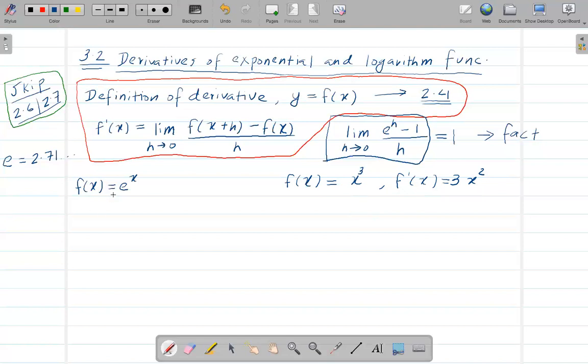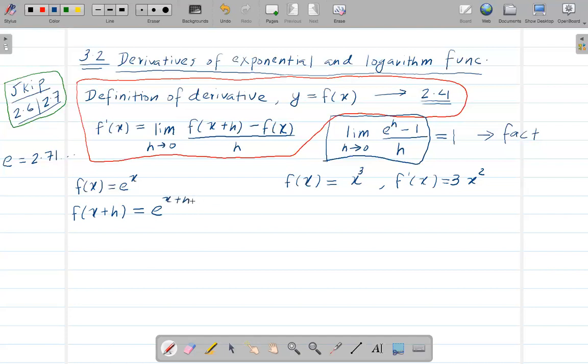But now here, it's different. So let's use this definition to take the limit. First, let's find the value of f of x plus h. We know f of x is e to the power x, but f of x plus h is e to the power x plus h, with this whole thing in the power.